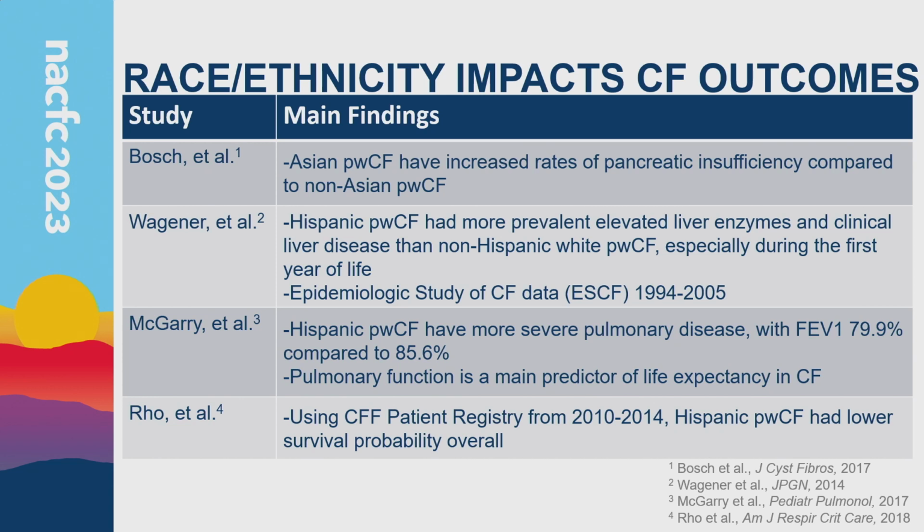The third study found that Hispanic people with CF have more severe pulmonary disease, and pulmonary function is one of the main predictors of life expectancy in CF. And using the CF Foundation Patient Registry, Rowe noted that Hispanic people with CF had lower survival probabilities overall.